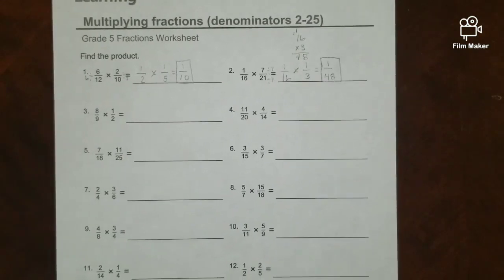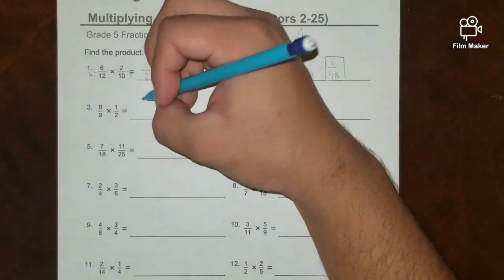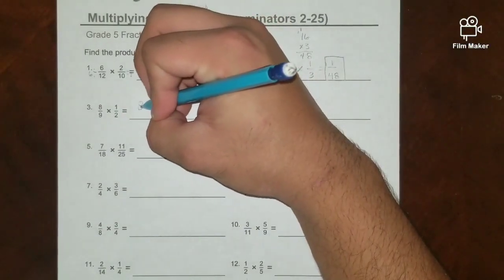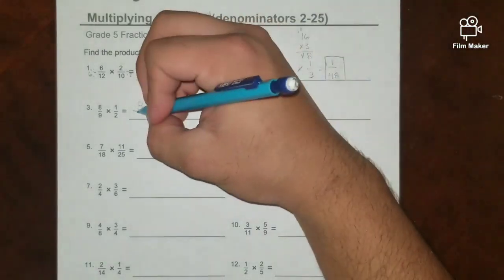Alright, for the next one we have 8 over 9 times 1 over 2. And at first glance, it doesn't look like either of these can be reduced any further. So now we can go straight into multiplying. So we have 8 times 1 would give us 8, and 9 times 2 would give us 18.